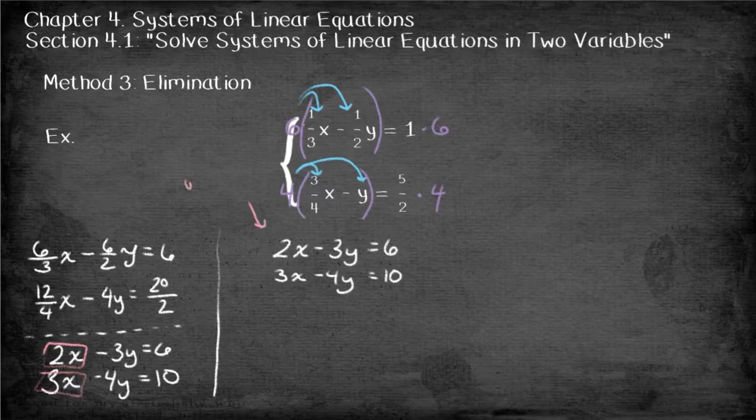Here, I want, let's say, 6x. And here, I want the coefficient to be opposite, so I want negative 6x.